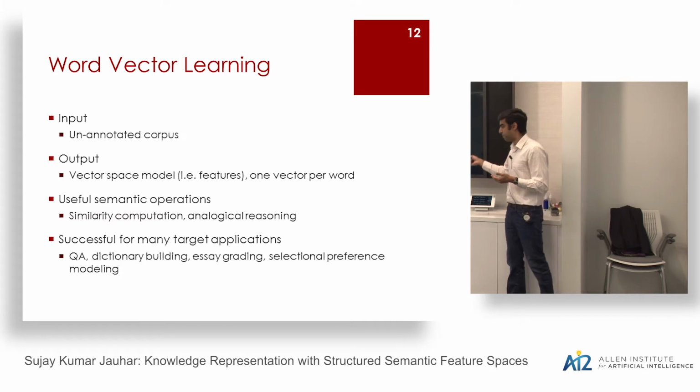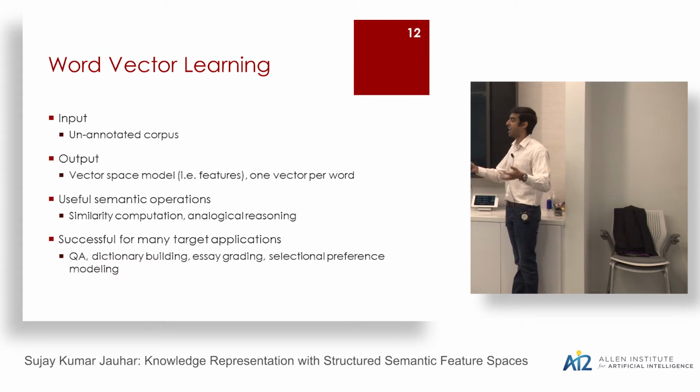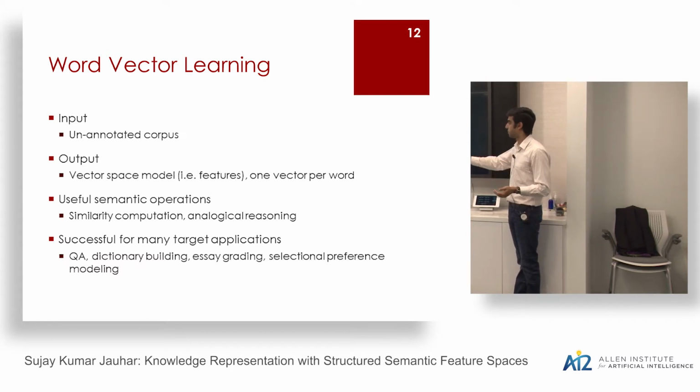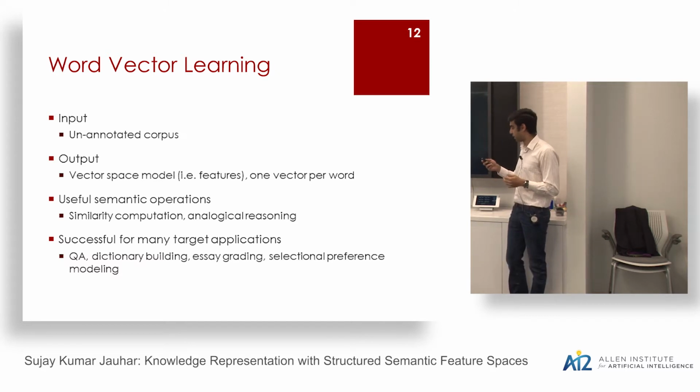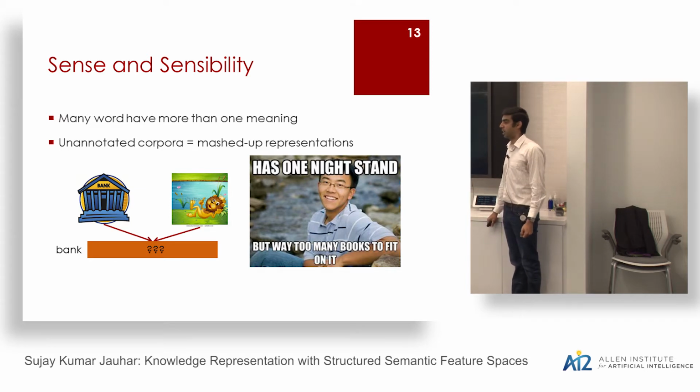These very unsupervised ways of learning vector space models have been used for a bunch of downstream applications as generic features, and they've been hugely successful for things like question answering, dictionary building, essay grading, and so forth. But one problem is that many words have more than one meaning, and this is not restricted to English per se. In pretty much any language, you have a single surface form that might map to different meanings.